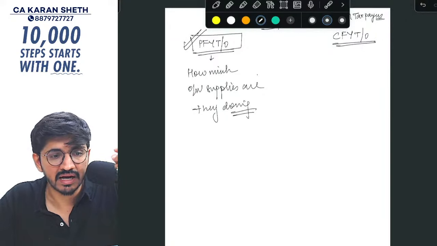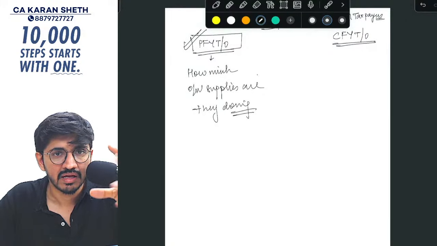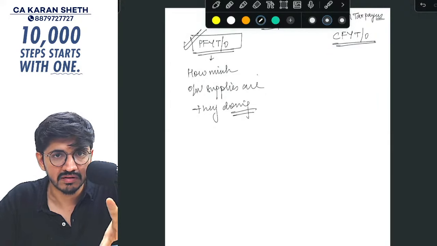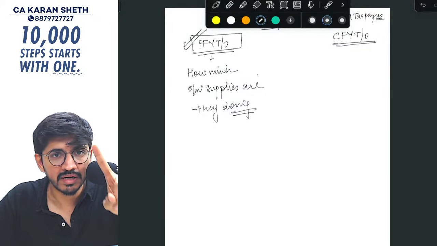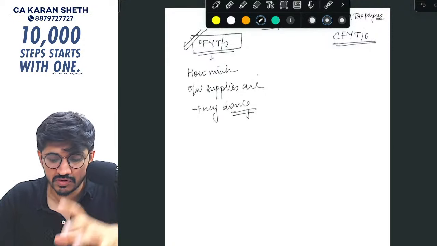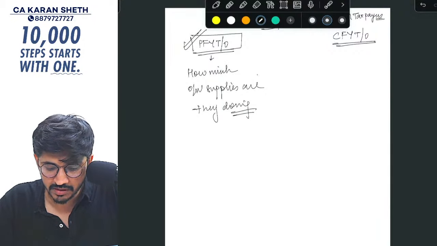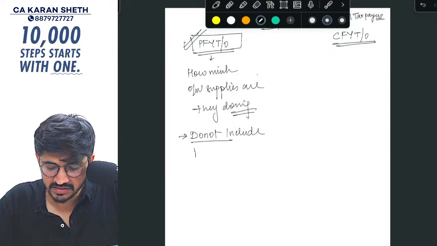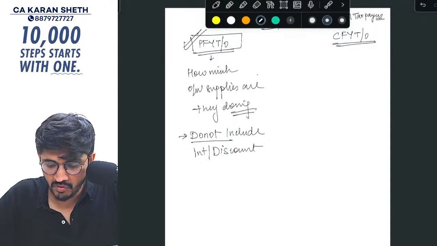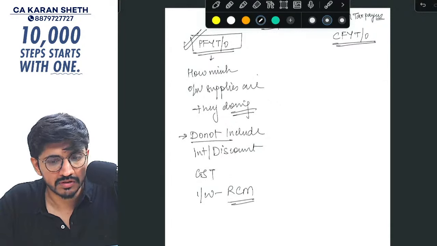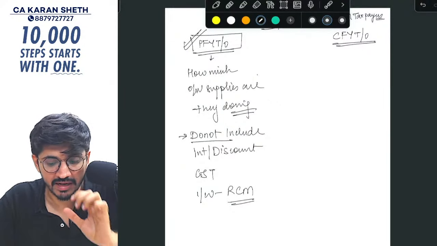This can be intra, taxable, non-taxable, exempt, anything and everything, but it will not include a few things: do not include interest and discount, obviously GST, and inward supply where tax is payable as per RCM. That's it. The entire focus has to be that.